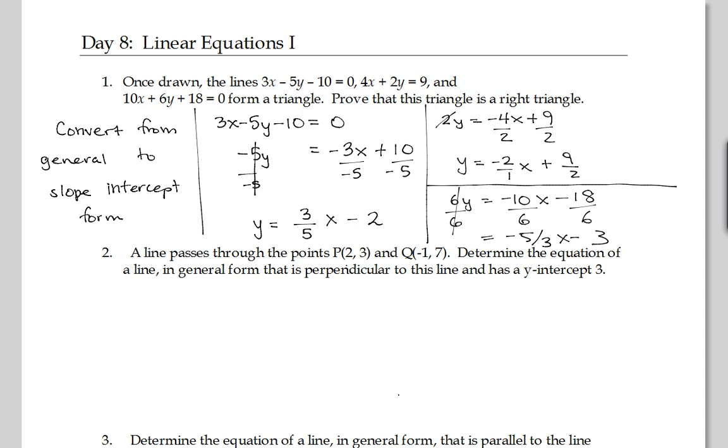How do you know it's a right triangle? 3/5 compared to negative 5/3. That terminology is negative reciprocal.